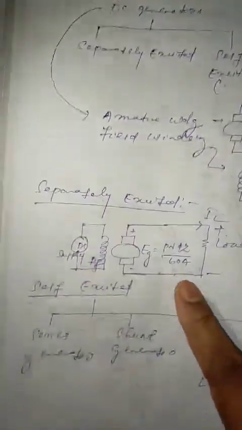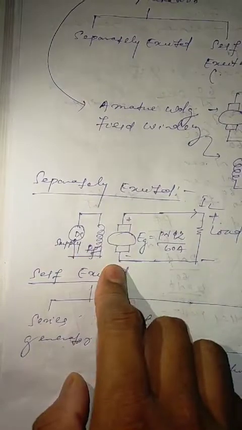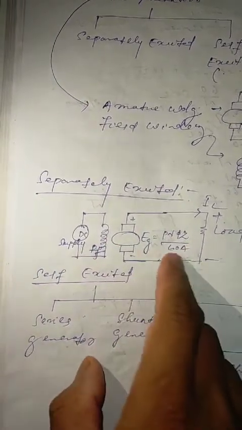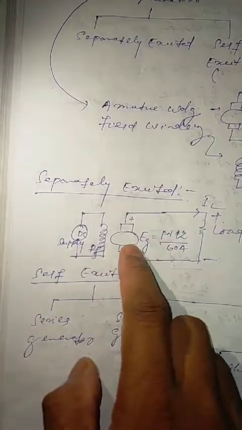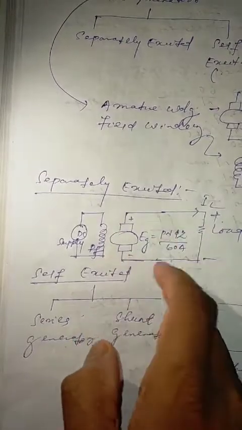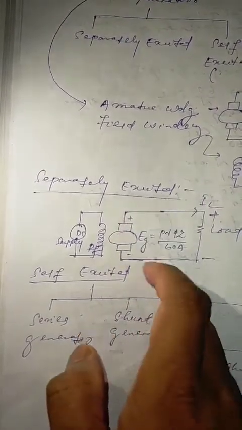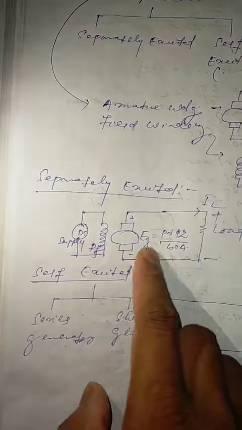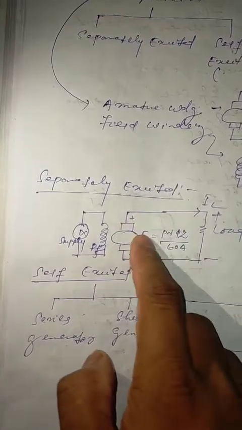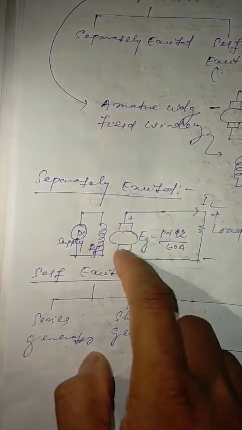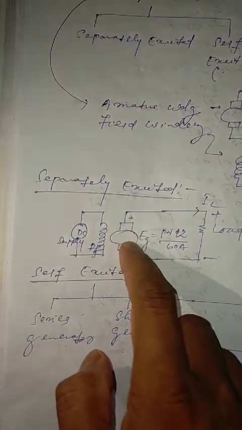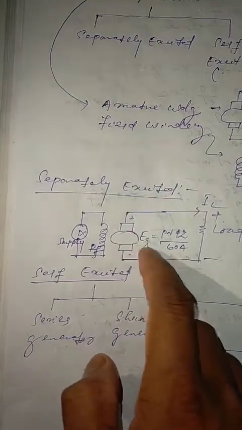See the separately excited generator. As I told you, this is generally known as the electrical equivalent circuit of a DC generator. Here we have a generated EMF, created in the armature according to the EMF equation.